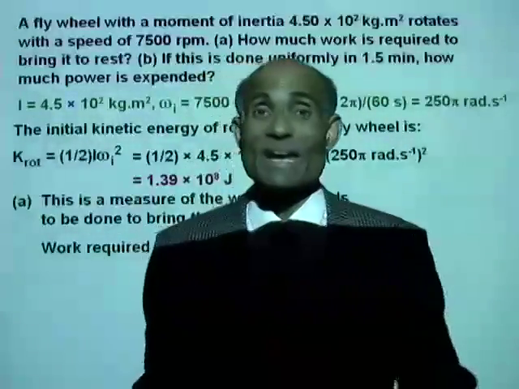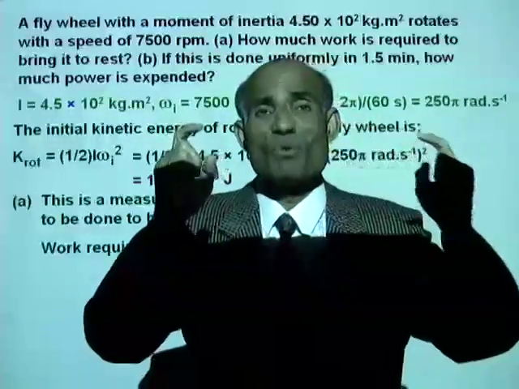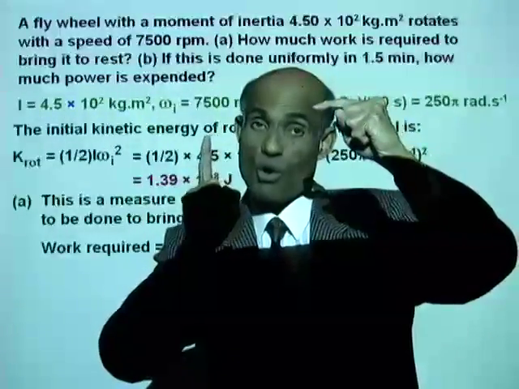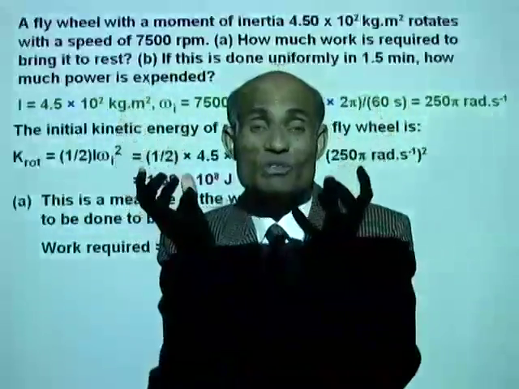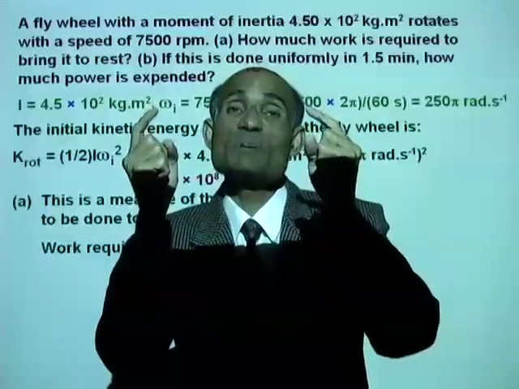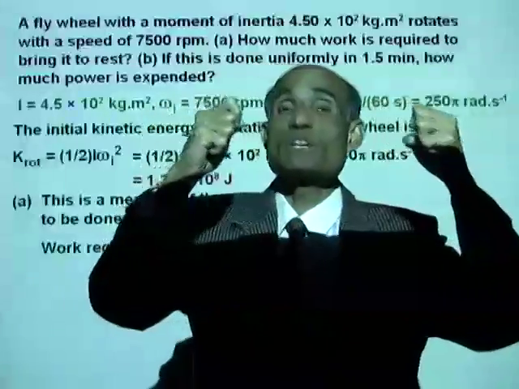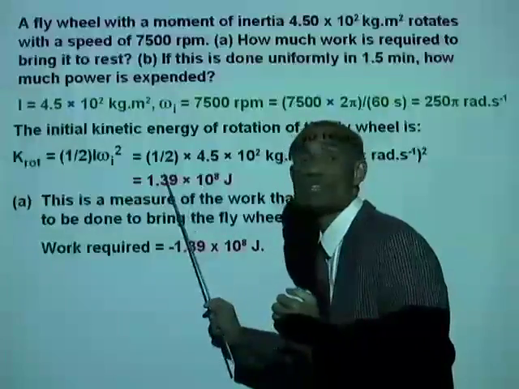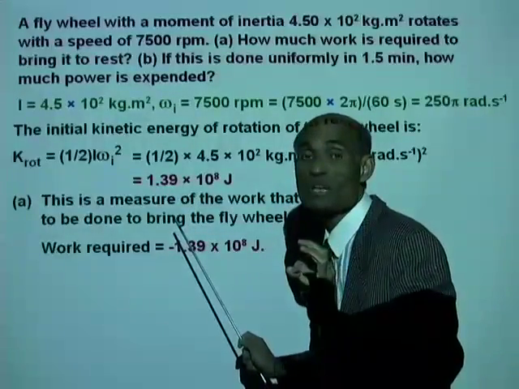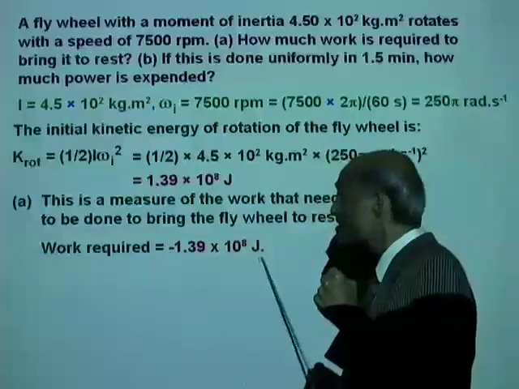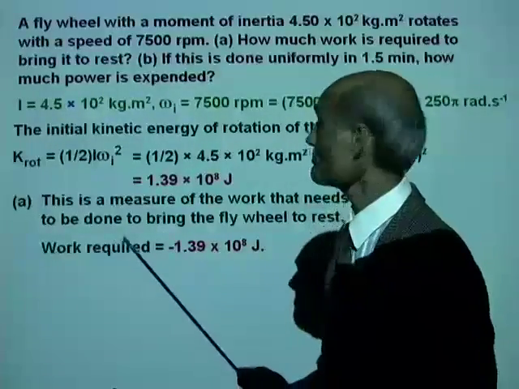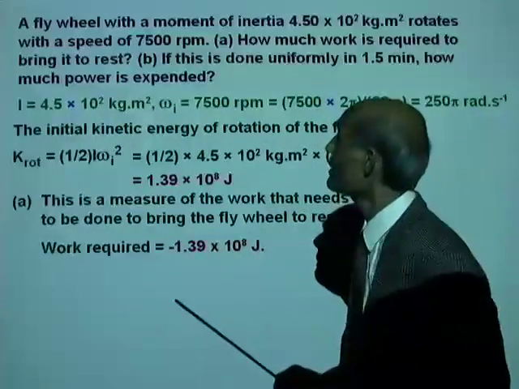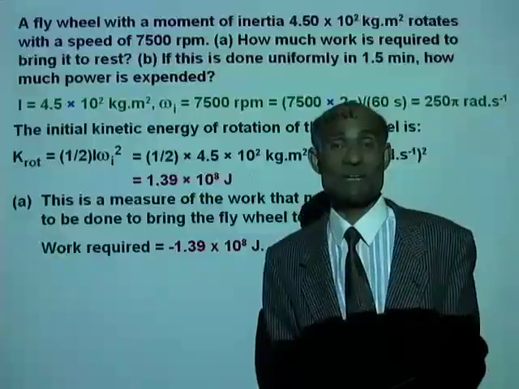Again, one more time. Kinetic energy is a measure of the work done to give an object an angular velocity, or if the object is already rotating, its kinetic energy is a measure of the work that needs to be done to bring it to rest. So if it has this much kinetic energy, then the work that needs to be done to bring it to rest is the negative of that quantity. Alright, if this work is done in 1.5 minutes, how much power is expended?